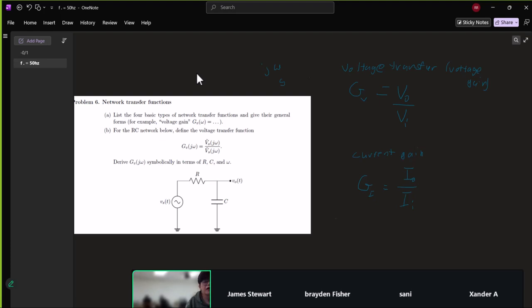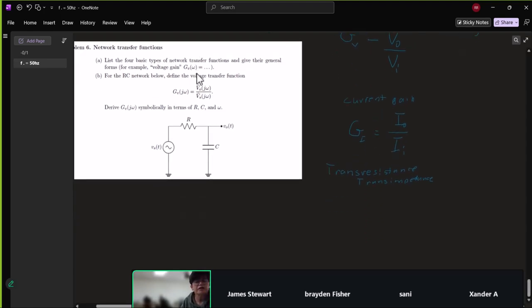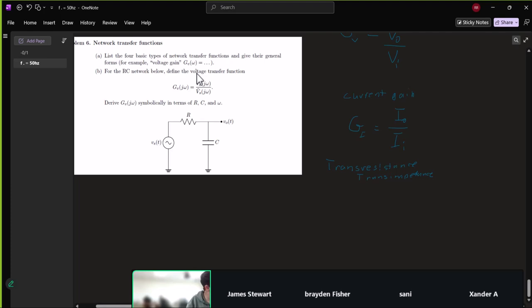Then you can also have something called transresistance, or transimpedance. And if you think about what resistance or impedance is in terms of voltage and current, you would get GR equals V out over I in.